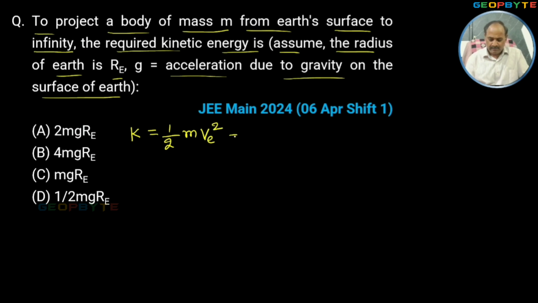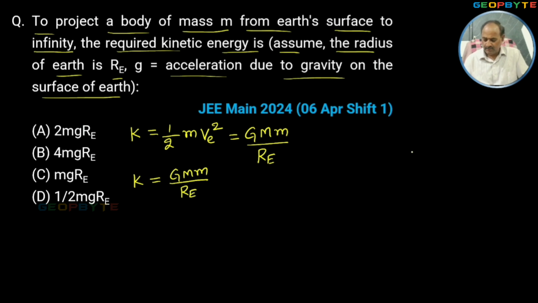It must be equal to G into mass of the earth multiplied by mass of the body divided by the radius of the earth. From this I can write that K equals G M m by RE.